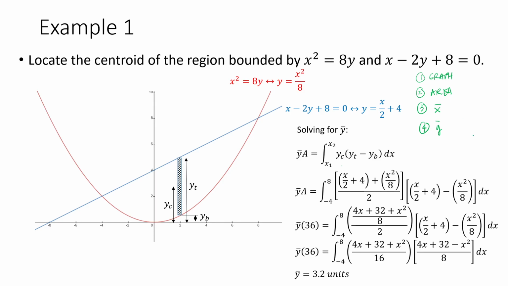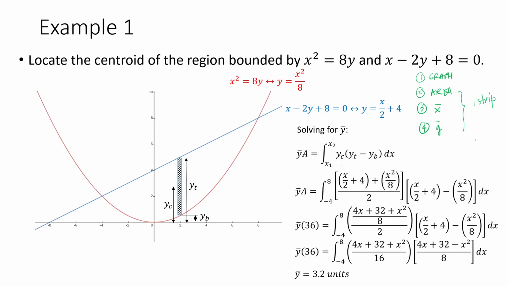Another tip is that you're going to use one kind of strip only in this topic. If you're going to use a horizontal strip, you use it in finding the area, the bar x, and the bar y. You cannot shift to other strips in the process of locating the other aspects of the centroid, so you must use one strip all throughout the method.